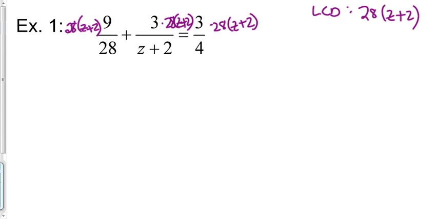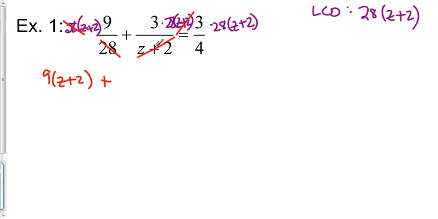Well, if we multiply by the lowest common denominator, I can cancel out common factors on top and bottom. For example, in this first fraction, I can cancel out the 28s. What I'm left with is 9 times z plus 2. No more fraction because I canceled out the bottom number. Plus, in this middle fraction, I can cancel out the z plus 2's.